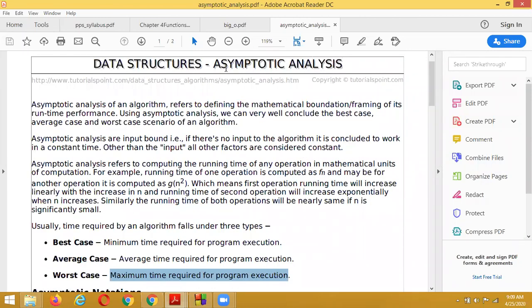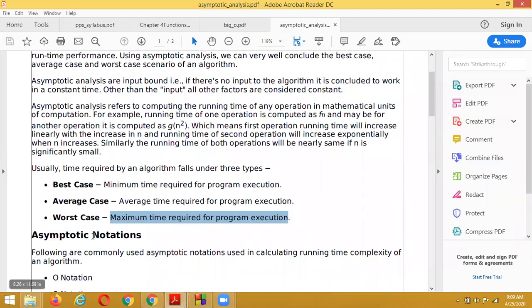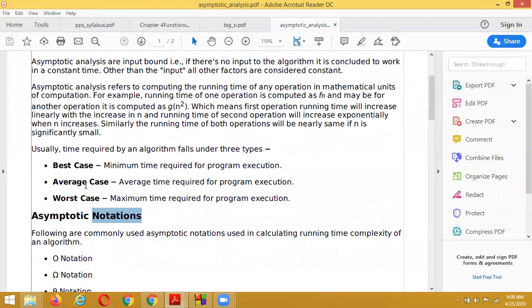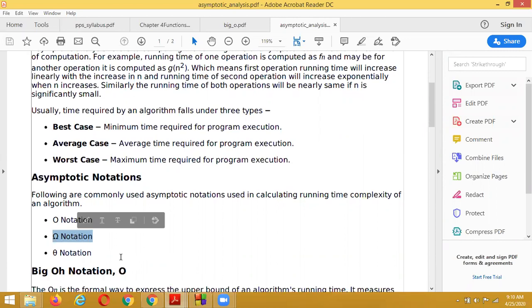These are the three things we consider for analyzing asymptotic notations. A symbolic representation is what we call a notation. In asymptotic notations, for time calculation and for representing whether it is the best case, average case or worst case, we use symbolic notations: big O notation, big omega notation, or theta notation.